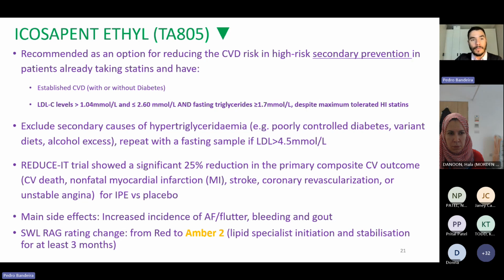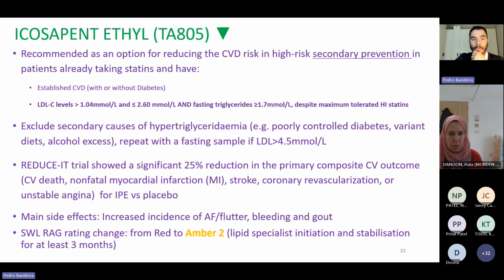And we also have this new oral medication, which is a purified form of fish oil, which also has a NICE TA, and is normally used for secondary prevention patients at high risk of another event, who are already on statins and have a high LDL with high triglyceride levels. However, normally I would advise we exclude other causes of high triglycerides before starting this medicine.